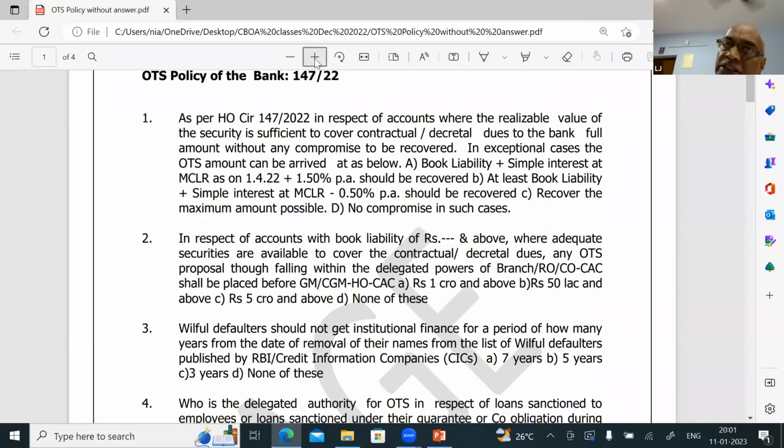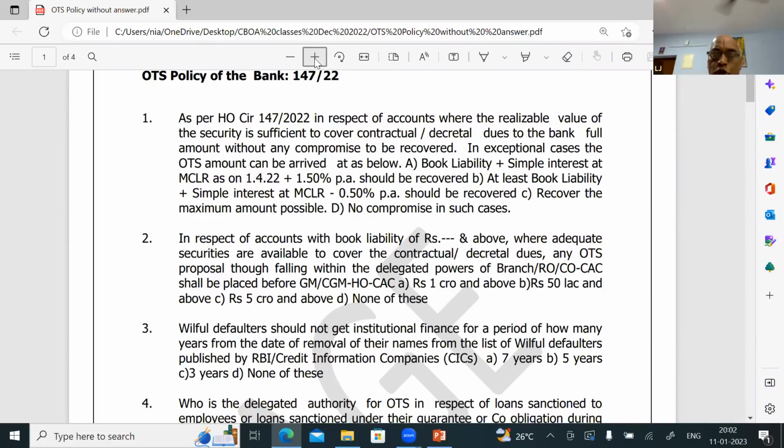The quiz is to test your knowledge. These questions are to test your knowledge. So you don't expect the examiner to give only the same questions as in the quiz. They will give from the subject, so you should be thorough with the subject. As Mr. Ananthakrishnan has told, the faculties have taken extreme care to prepare the presentation and explain to you. So for these topics, if you go through the presentations given by the faculties, it is more than sufficient rather than concentrating only on the question paper.